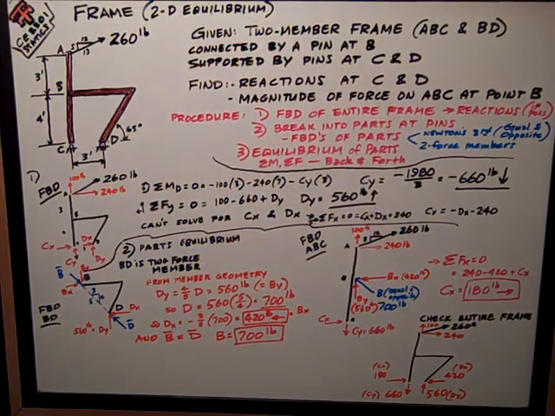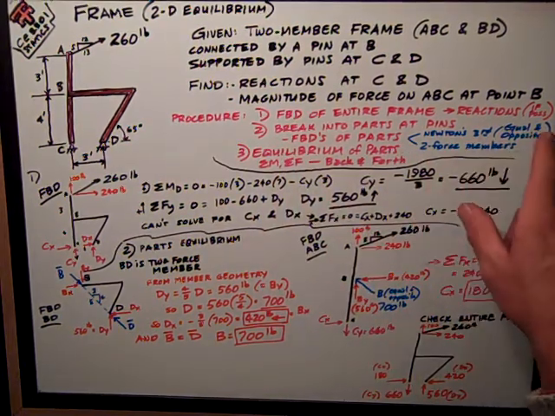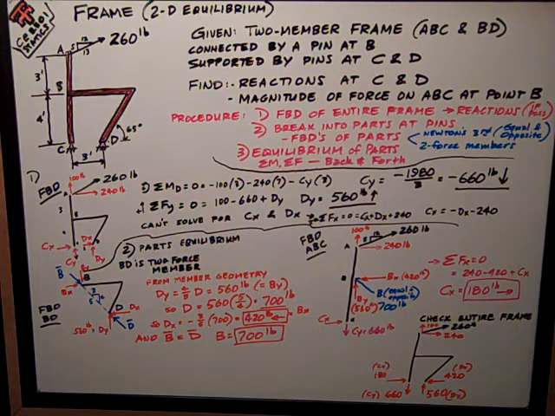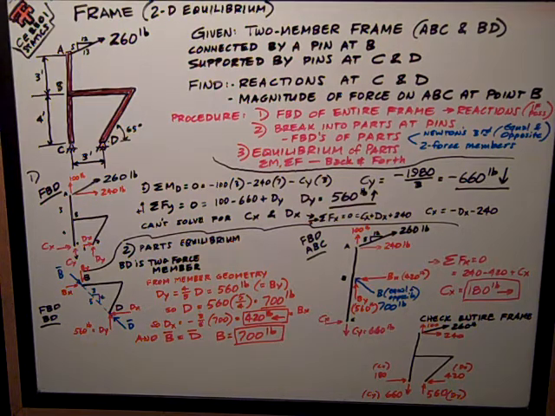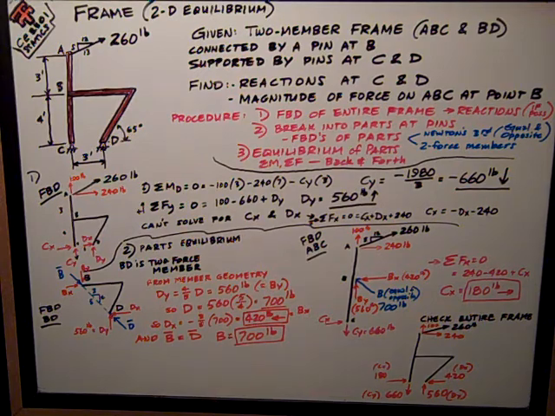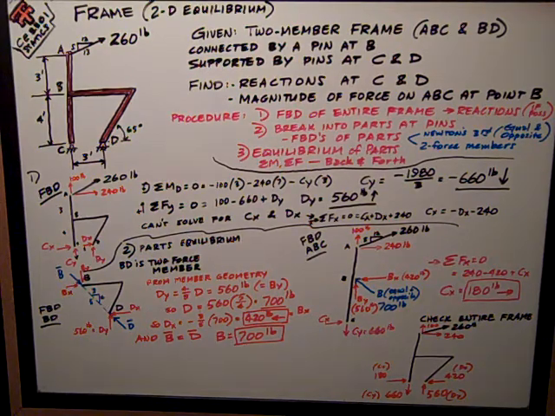So the procedure for all these is to do a free body diagram of the entire frame, solve for the reactions if possible. Sometimes you can solve for some of them, sometimes all of them, and sometimes none of them, like on most of the simple machine problems, which are very closely related to this. Then we break it into parts at the pins, into several rigid bodies that are all in equilibrium.